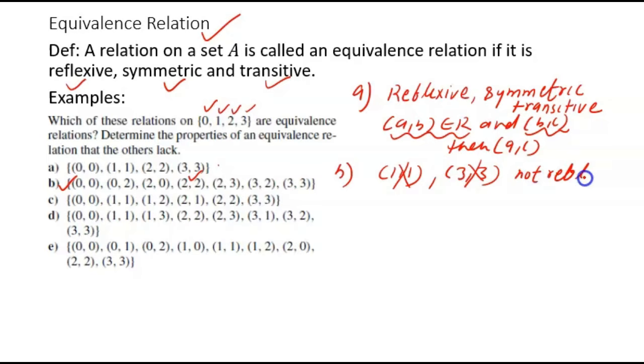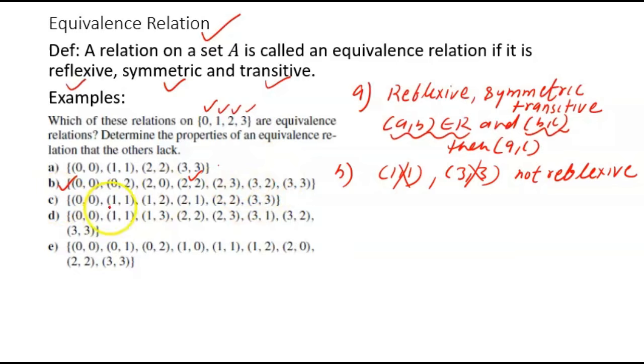And the moment we realize that it is not reflexive, we are certain that this is not an equivalence relation. But just for the sake of understanding, let us check the other characteristics also. The question is already answered, because the very first property, reflexivity, is not satisfied.